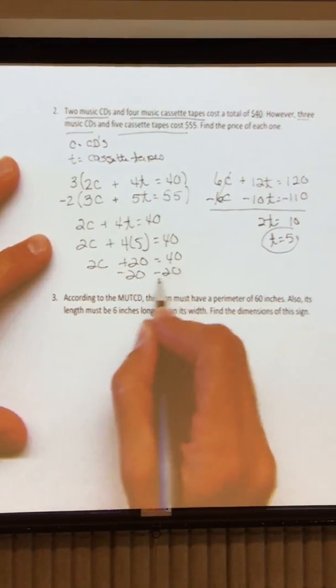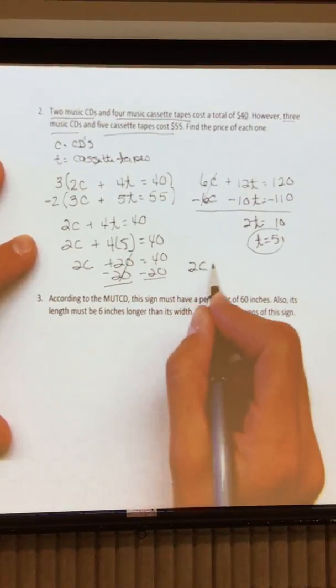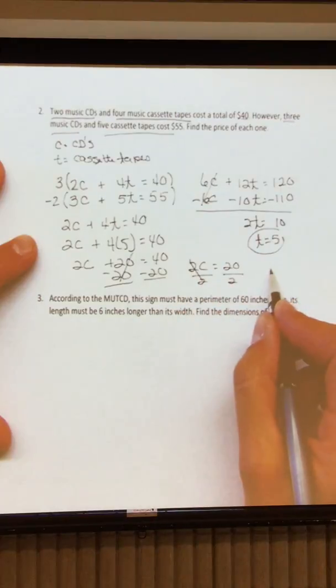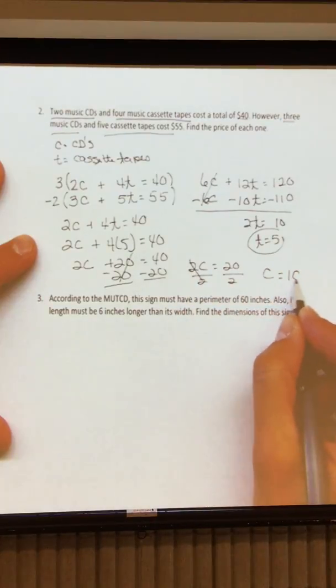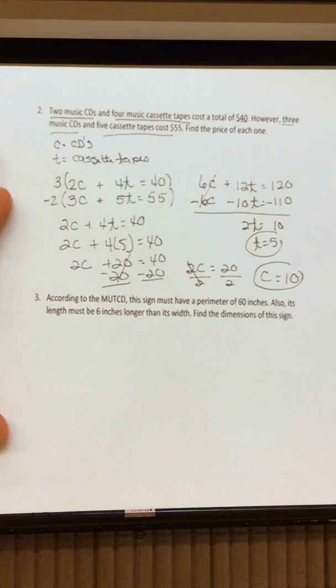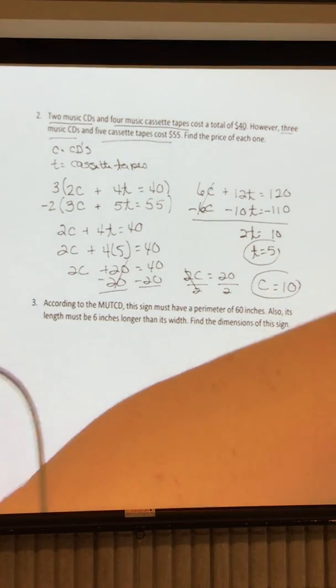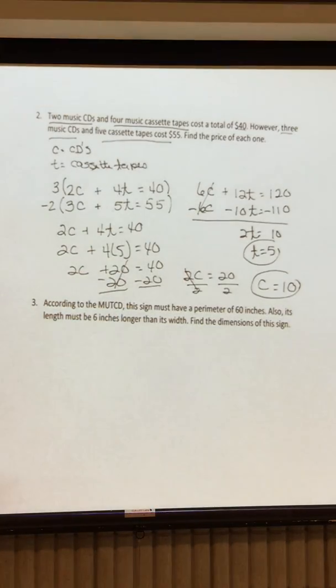Combining like terms, we have 2C is equal to 20. Divide that by 2. Therefore, C is equal to 10. Therefore, we need 10 CDs and 5 cassette tapes.